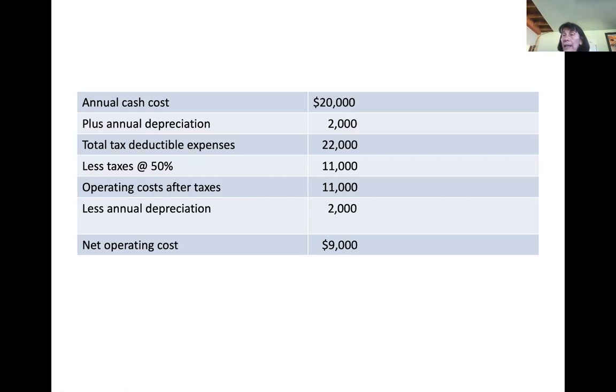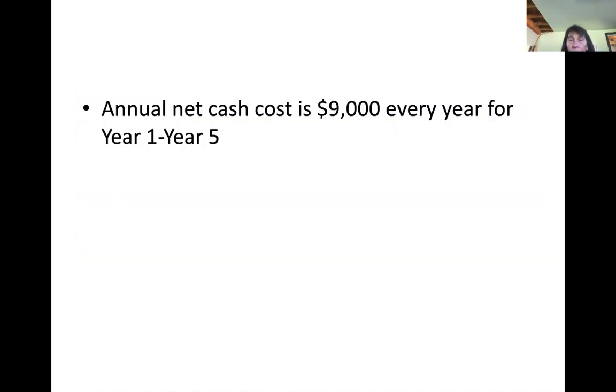You lease it, you buy it, you still can deduct the mileage charge exactly the same, but which one is cheaper? This will help the business figure that out. So that's very important that we learn how to help our small businesses, because again, large businesses have huge staffs that can do this. So we don't. So the net cost is $9,000.